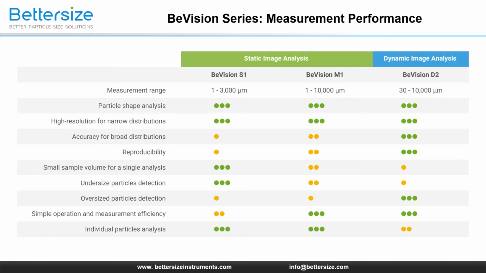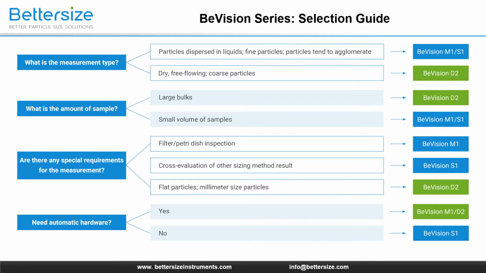Besides, the image analysis process is simple, and the Bevision M1 and D2 employ automatic hardware to make the test process easier and faster. As previously mentioned, the three Bevision image analyzers aim at different applications. Accordingly, we prepared some questions to help you make a choice among the Bevision series.